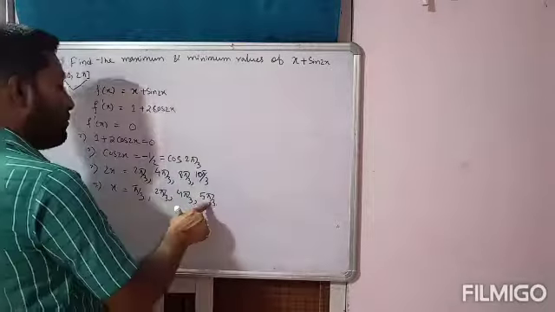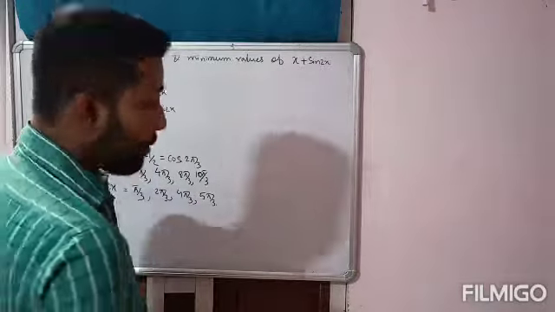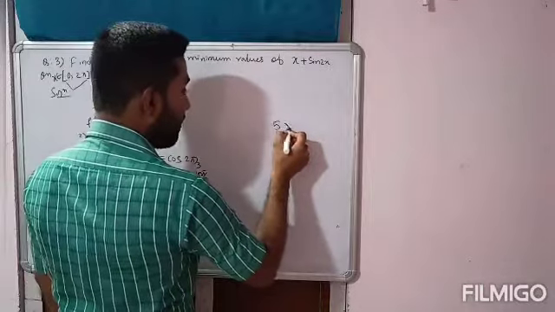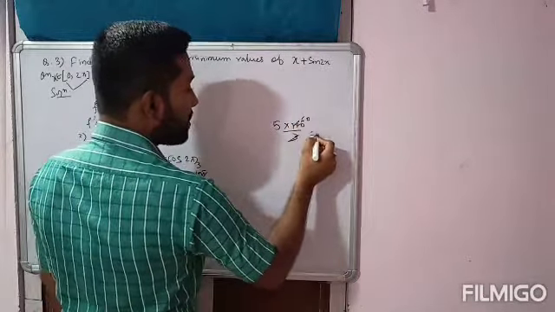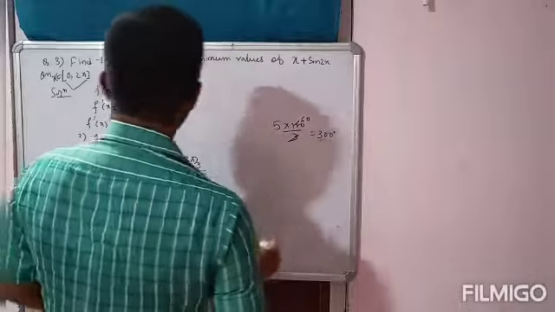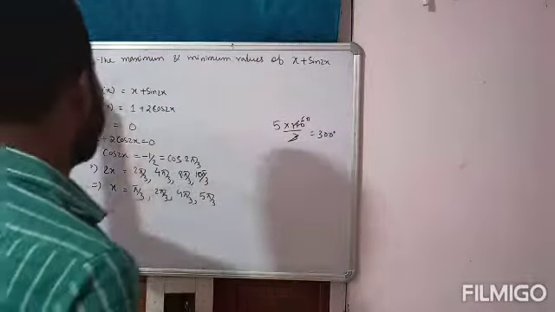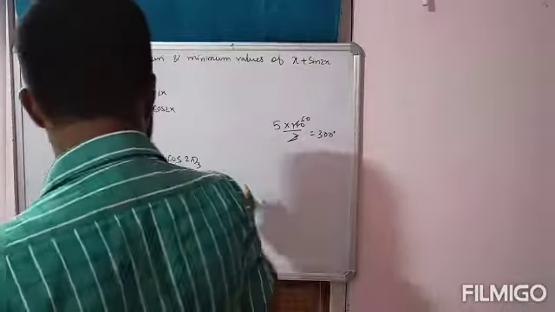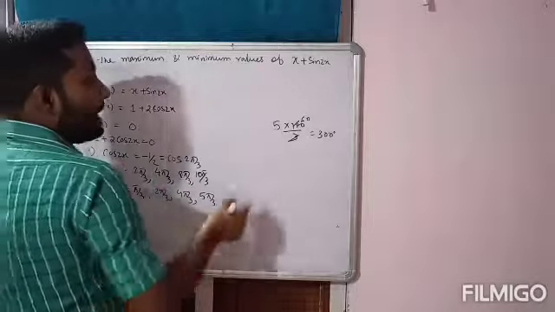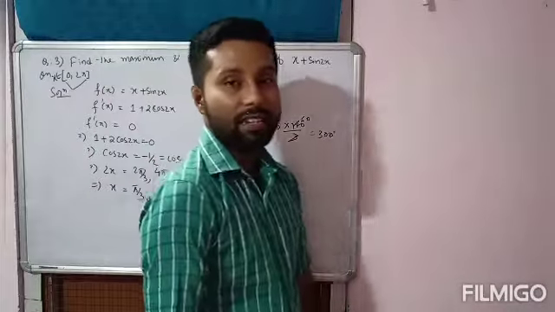Okay, now 5 pi by 3, why is it the last critical point? Because if you check 5 into 180 by 3, right? So this is equal to 300 degree. So yes, 300 degree always lies between 0 and twice pi. But if you take the next angle, it will always be more than 360 degree.